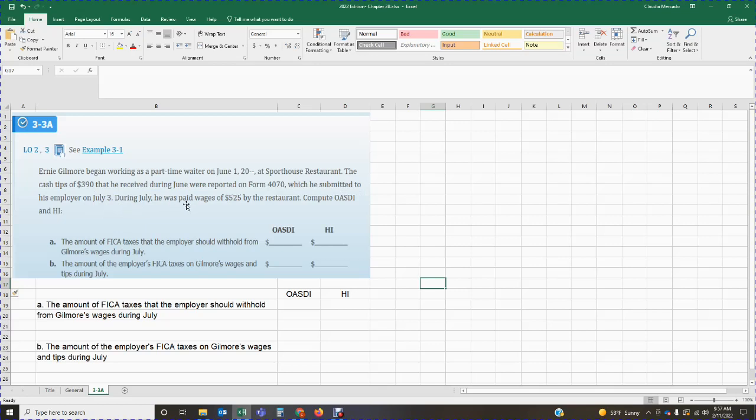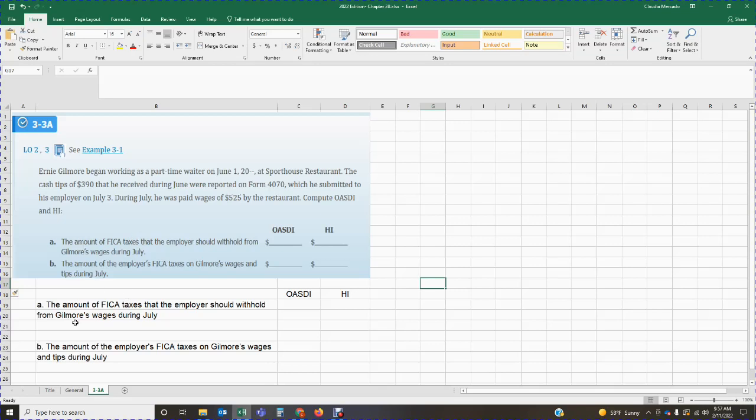During July, he was paid wages of $525 by the restaurant. We are being asked to compute OASDI and HI for both the employer and the employee. So we have to figure out how much is going to be withheld from the employee, and then how much is the employer liable for.